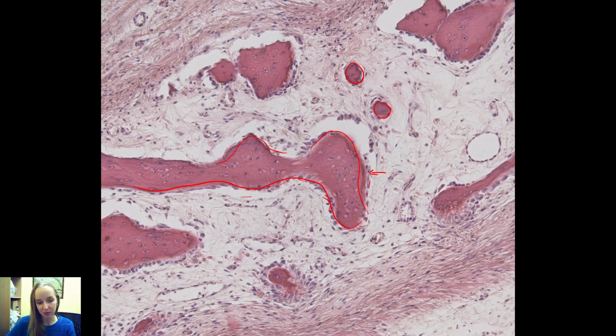This type of ossification creates the skull, the whole calvaria, and some facial parts of the skull, and also the clavicle is created in the process of intramembranous ossification. But also long bones grow in width with this desmogenic ossification. So they grow wider and wider with desmogenic ossification also.